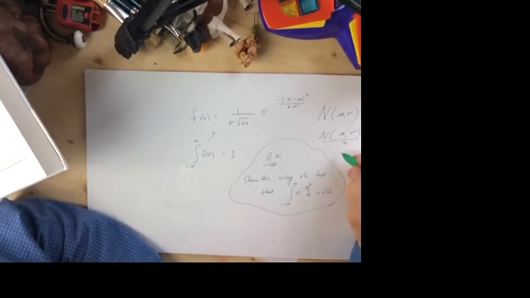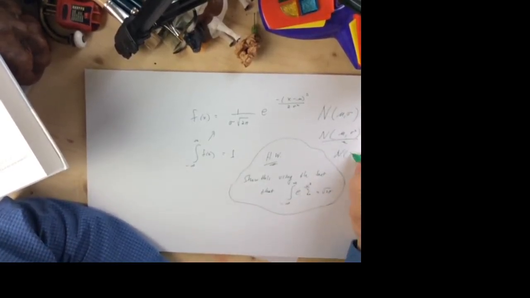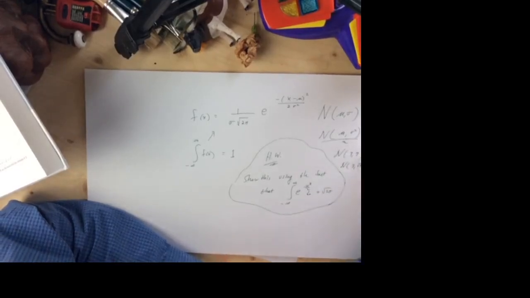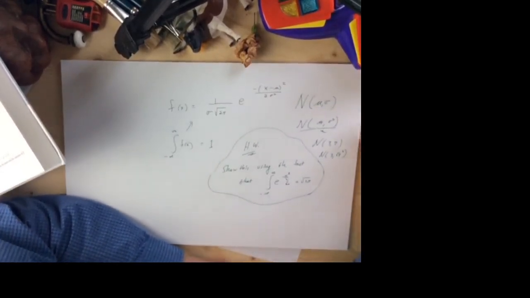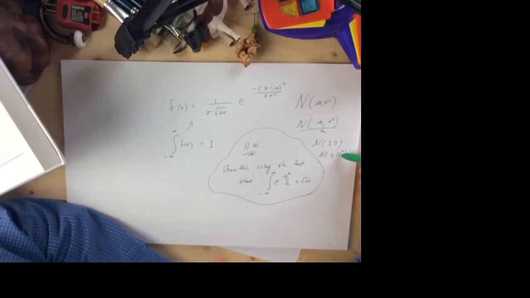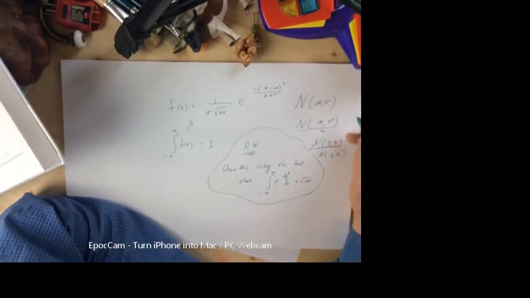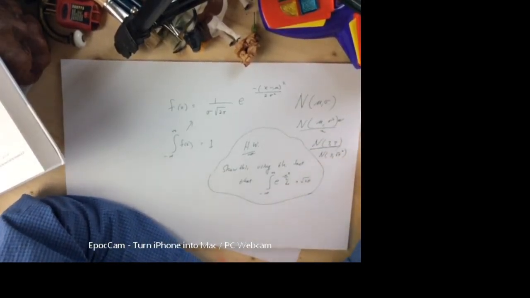When we use this notation, that means we would never write normal 3, 7. We would always write normal 3, square root of 7 squared, so that we are telling people that we are using the standard deviation form of the notation for the normal expression, and we would write the standard deviation squared. We won't write it the other way ever when we're thinking of using this as our standard notation.